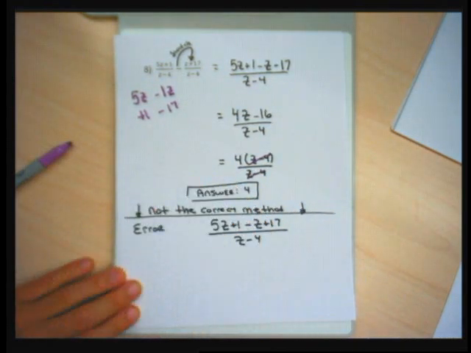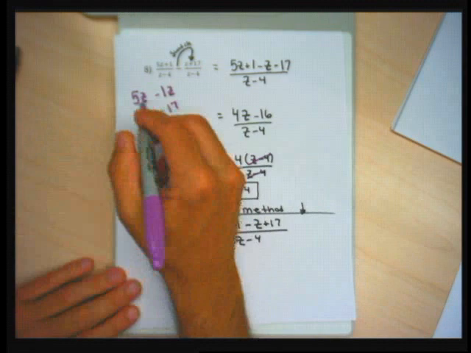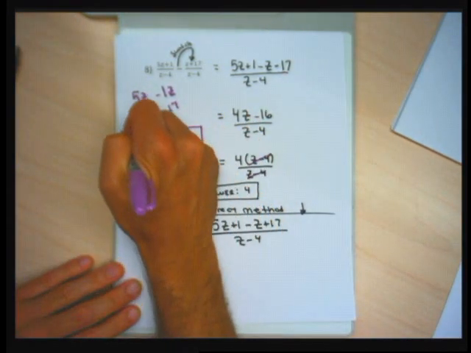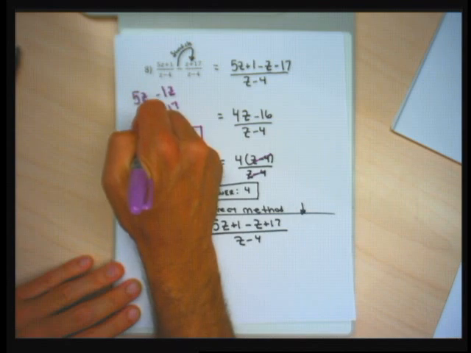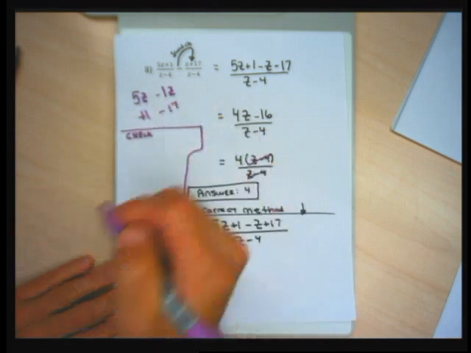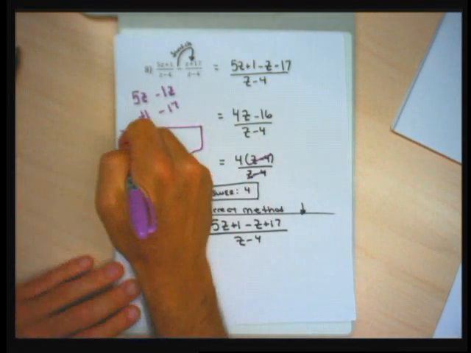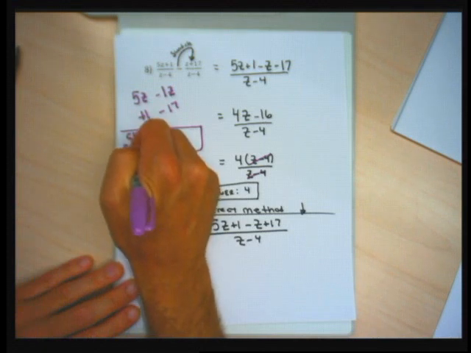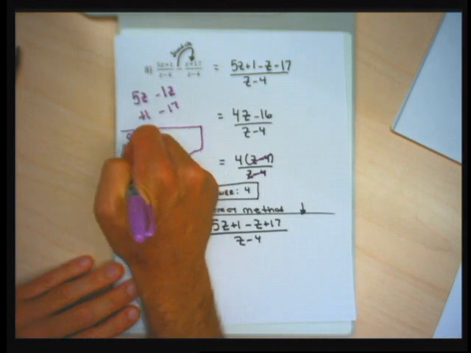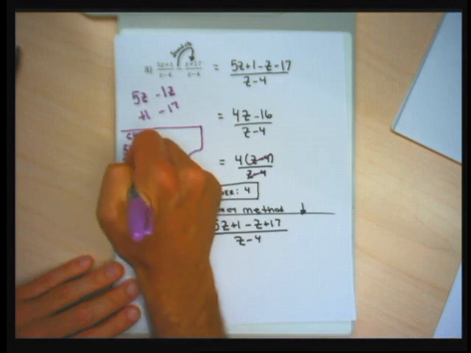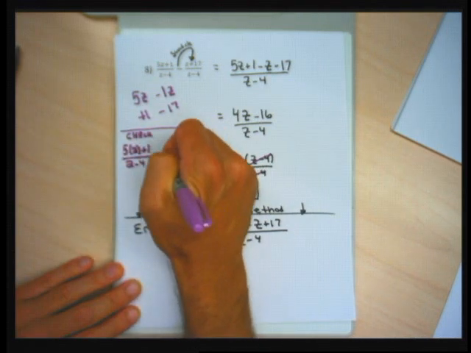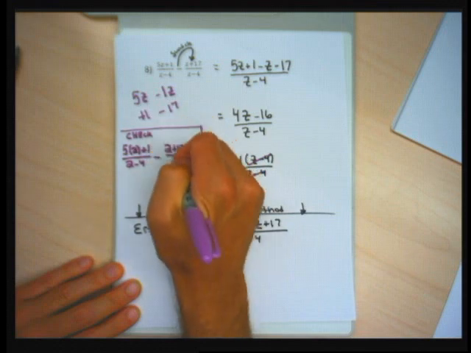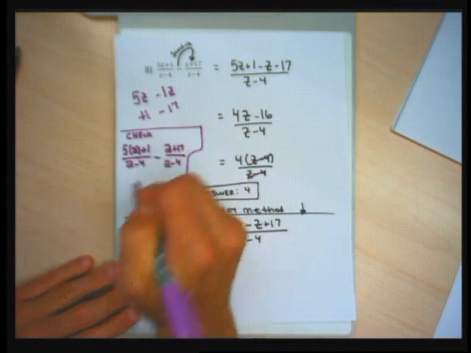Again, if I want to check, I like checking with 2, so I'll squeeze my checking in here. Because my answer doesn't have a letter, I only need to pick a number and put it into the letter in the original problem. So I'm going to plug in 2 for z. I'll go 5 times 2 plus 1 over 2 minus 4 minus 2 plus 17 over 2 minus 4.